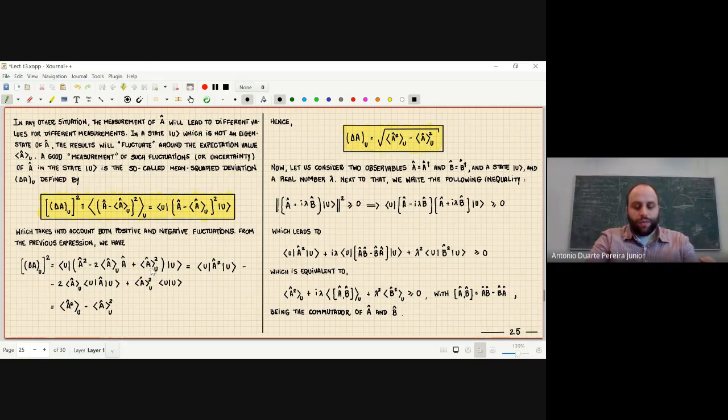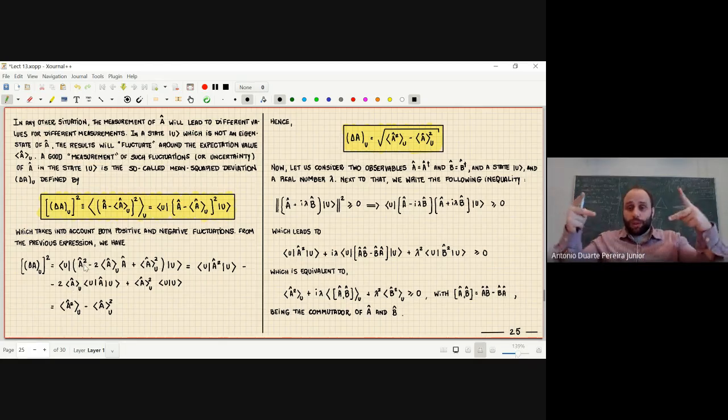And finally, I have this expectation value squared, which is a number, so I can pull it out as well. So this will be the expectation value squared times bra u, ket u. By definition, this is the expectation value of A in the state u, and this multiplies the expectation value of A in the state u. So this will be the expectation value of A, squared.